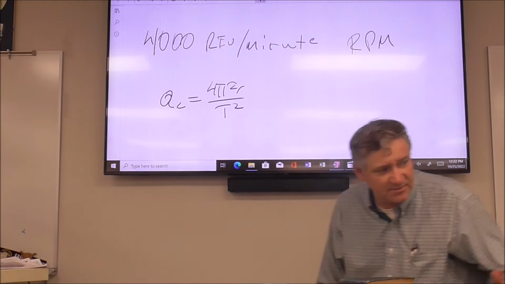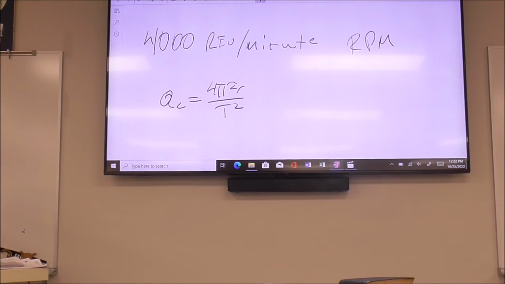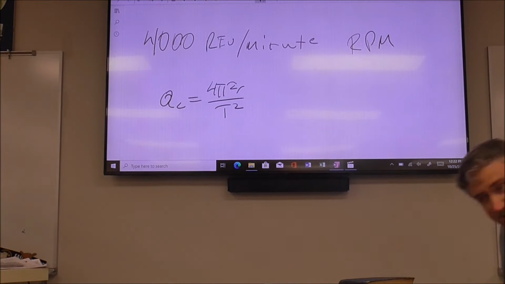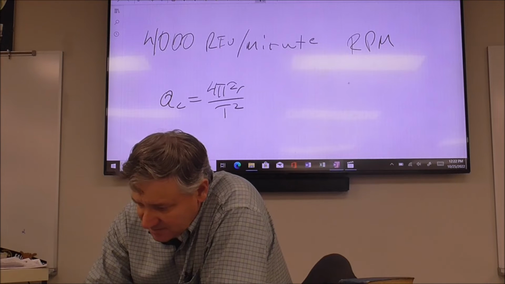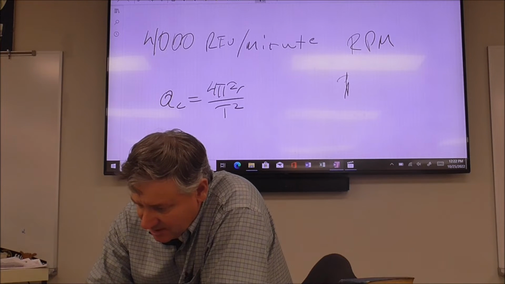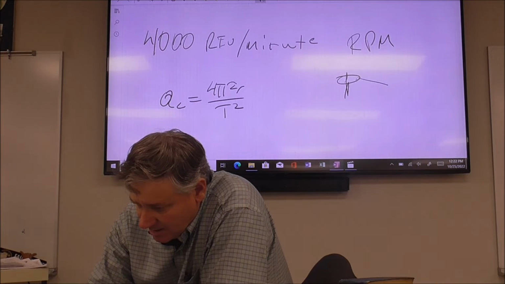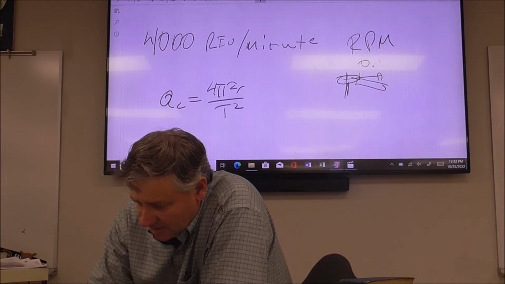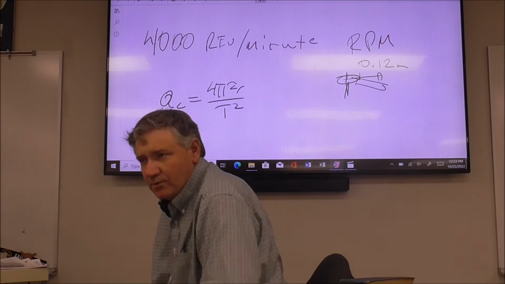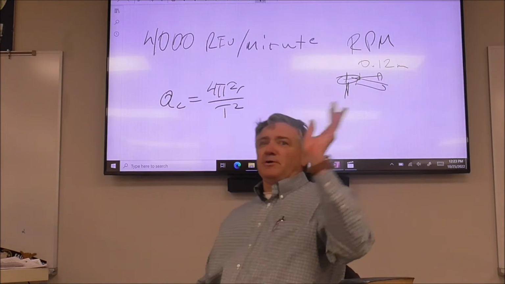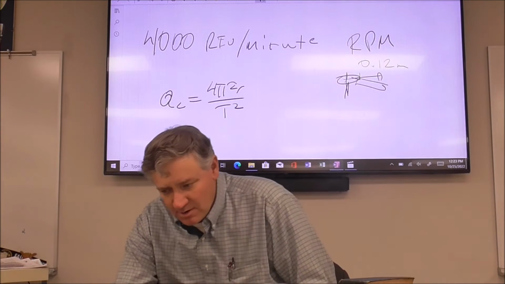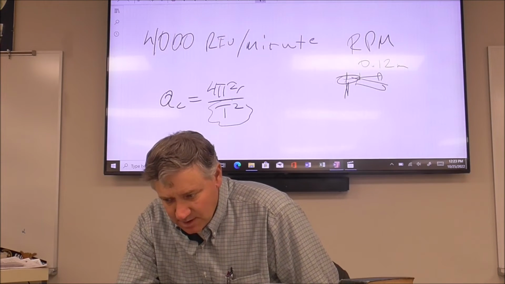So the radius from the center of the centrifuge out to the bottom of that test tube is about 12 centimeters or 0.12 meters. Okay, we got that. That's the easy part. The tough part is going to be this value of t.